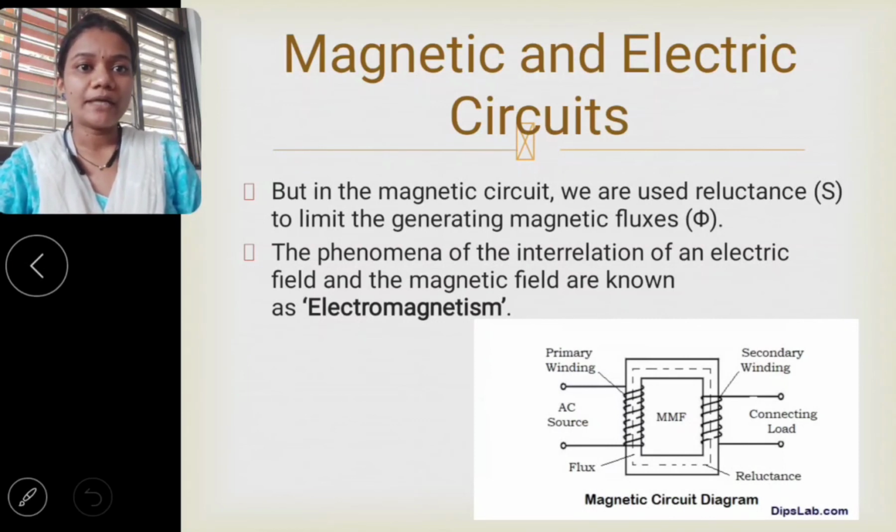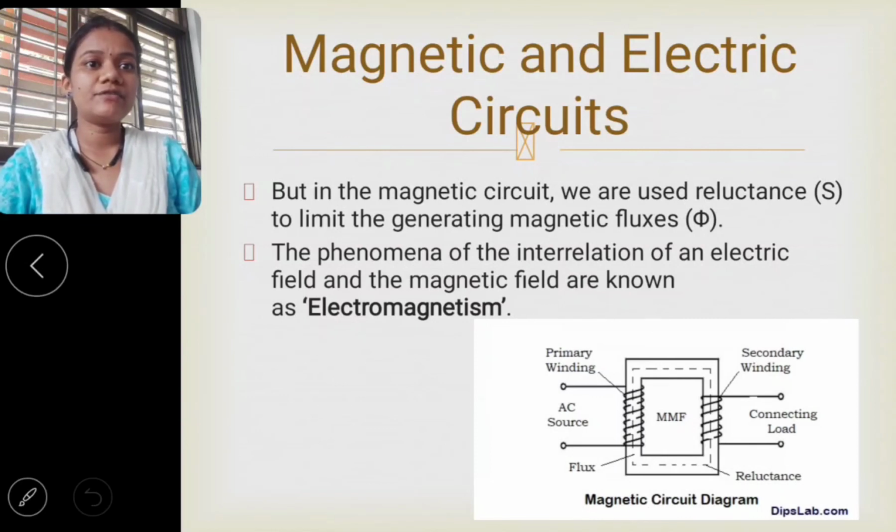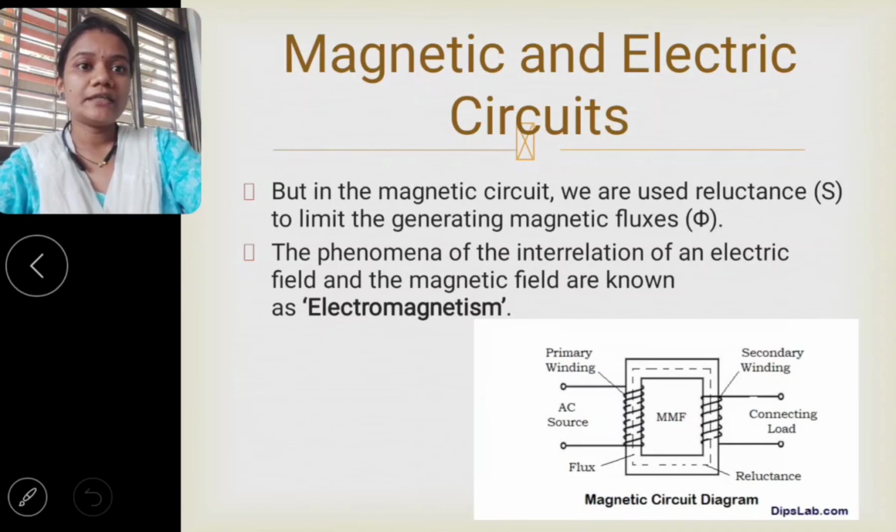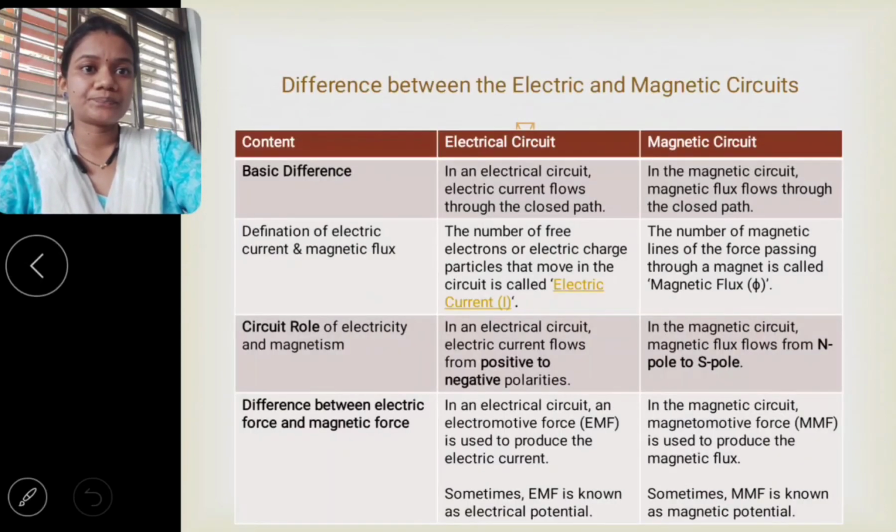As in an electric circuit a resistor is used to limit the current, in magnetic circuits reluctance is used to limit the magnetic flux. The phenomenon of the interrelation of the electric field and magnetic field is known as electromagnetism. This is the difference between electric and magnetic circuits: the definition, what is electric current, what is magnetic flux, then the role of electricity and magnetism.